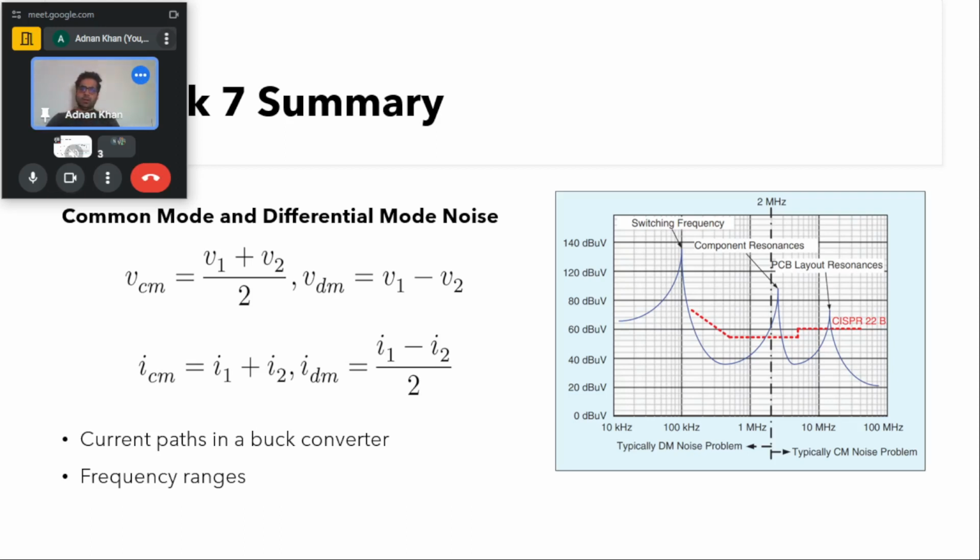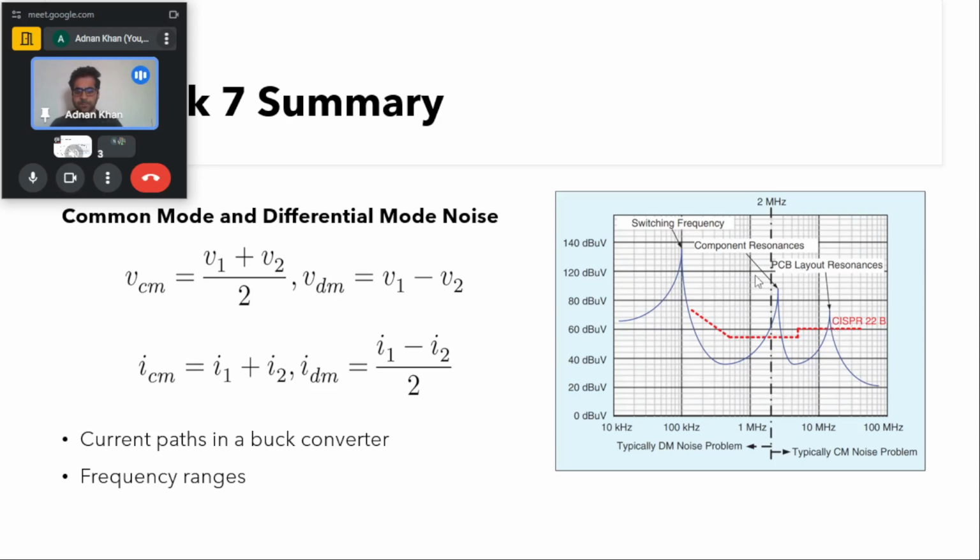But usually with PCB designs, we have very compact designs, and the values of these parasitics are smaller compared to converters made with physical wires. So with smaller parasitic inductance and capacitance, the resonance in the PCB layout will be higher than the component resonance. That's why it peaks at very high frequency.